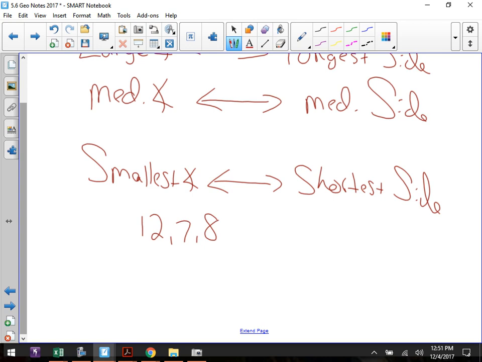The reason why I can make a triangle with those side lengths is because anytime you add two of them together, it's always greater than the third.